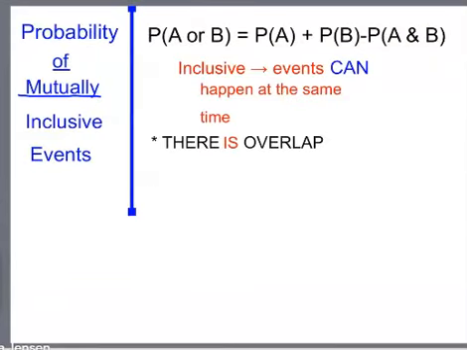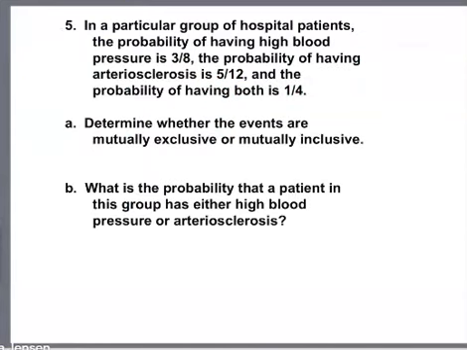If we're looking at mutually inclusive, there is overlap. Events can happen at the same time. Okay, so for example, in a particular group of hospital patients, the probability of having high blood pressure is 3/8. The probability of arteriosclerosis is 5/12, and the probability of having both is 1/4.